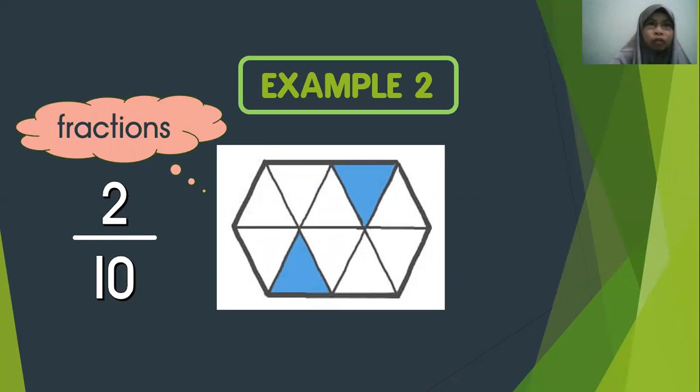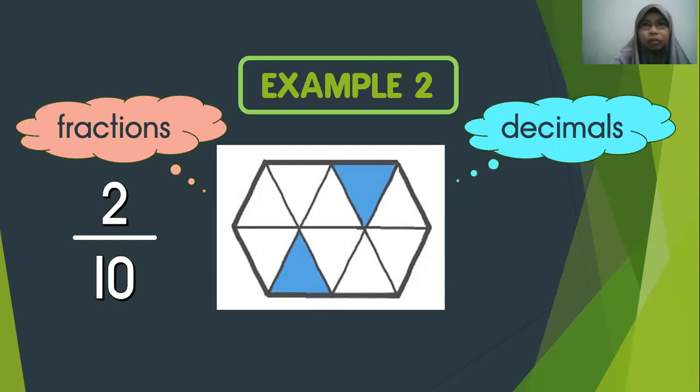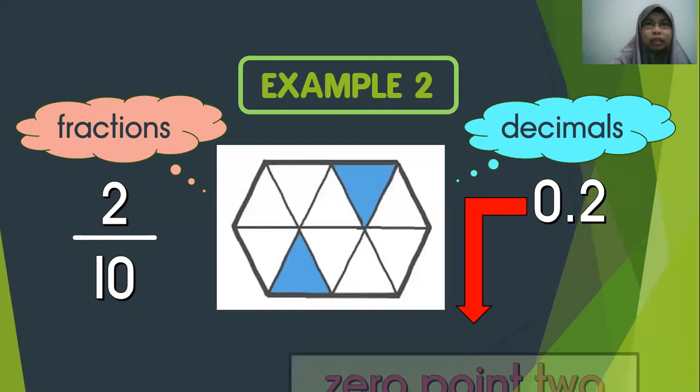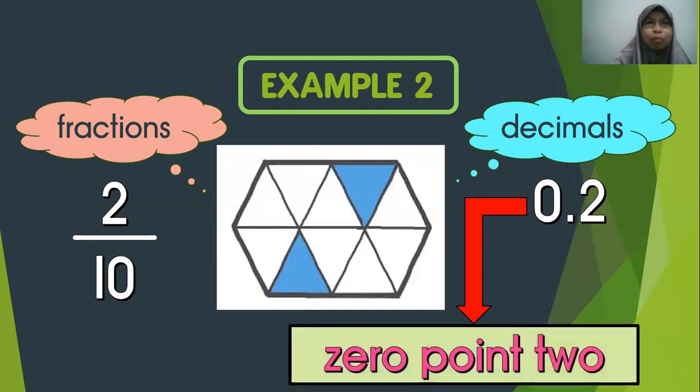How to convert 2 over 10 into decimal? We write as 0.2. The 0.2 that I show now is in the form of numbers. So how to write in words? We spell it as 0.2. Why 2? Because we have 2 shaded parts.